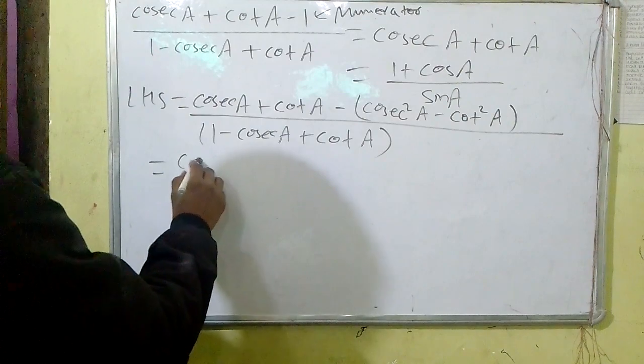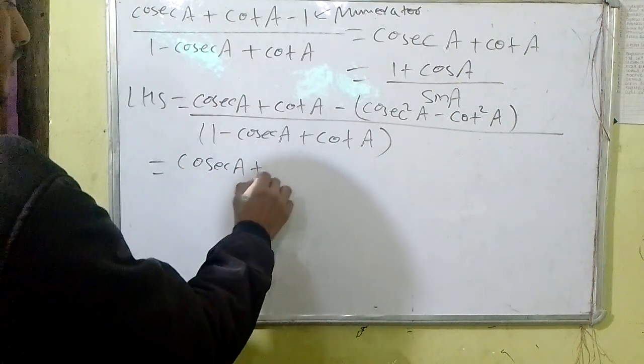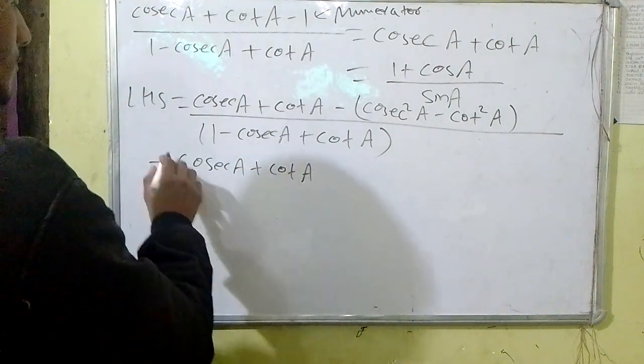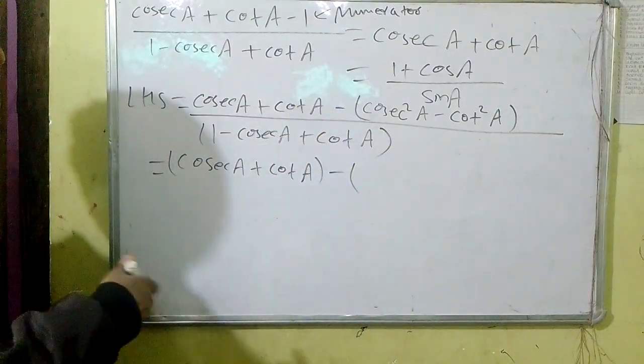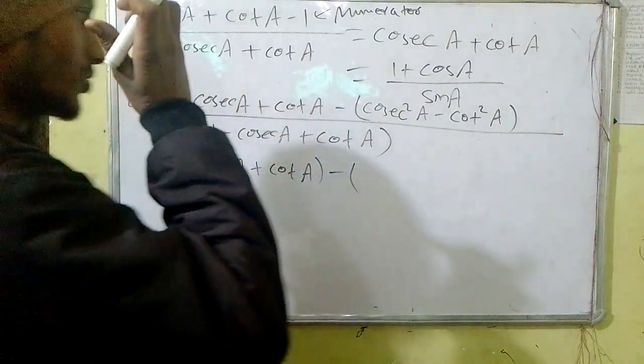And now what do you have to do next? Cosecant A plus cotangent A, this should be as it is, and we have to just do the same thing, whatever the problem is yelling at you to do.